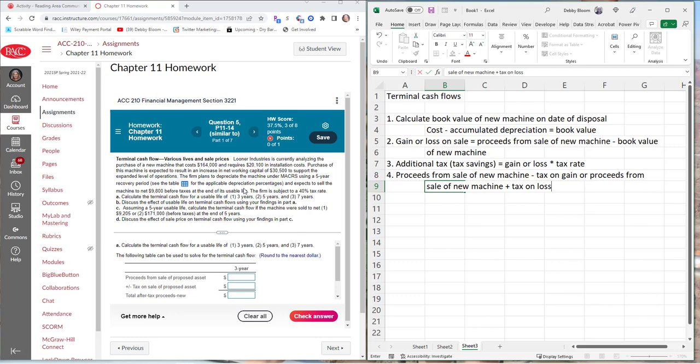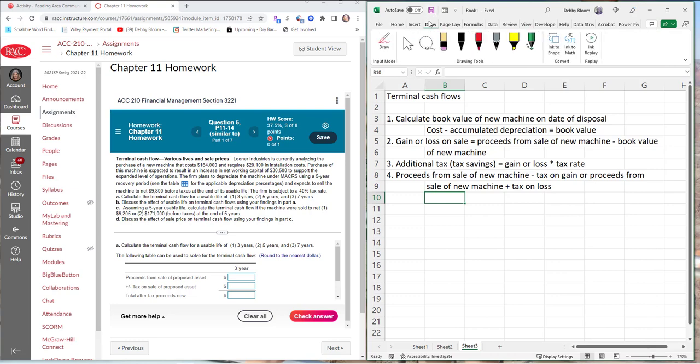So in step 2, you're going to have a gain or a loss. It's going to be one or the other. If the number in step 2 comes out to be a positive number, you have a gain, and if you have a gain in step 4, you would just subtract the tax on the gain.